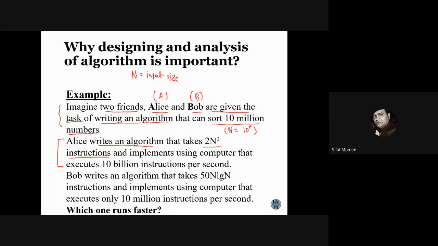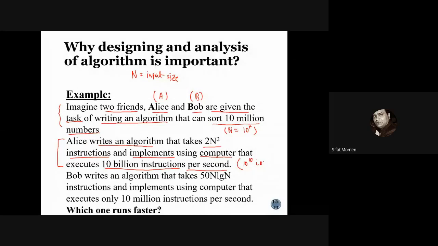So after she has designed the algorithm, she implemented the algorithm using her computer. The computer that she uses executes 10 billion instructions every second. 10 billion means 10 to the power 10, right? 1 billion is 10 to the power 9, so 10 billion is 10 to the power 10.